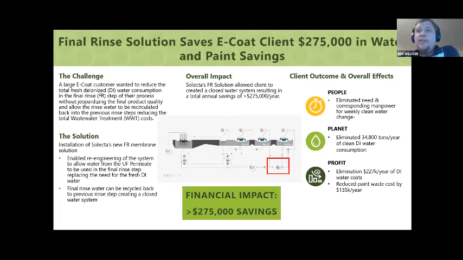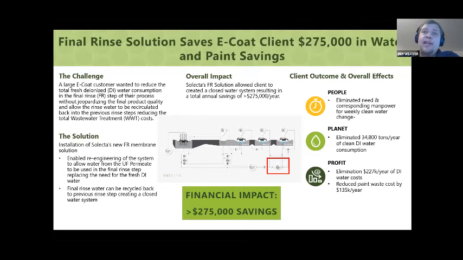One of the concerns with RO DI water and sending it back to the paint tank is that it's actually too good a quality. You're going to upset the paint bath stability if you're putting too clean of water back into the paint tank. So what this FR membrane does is allow some of the solvent to remain in the permeate, which does not impact the rinse water.